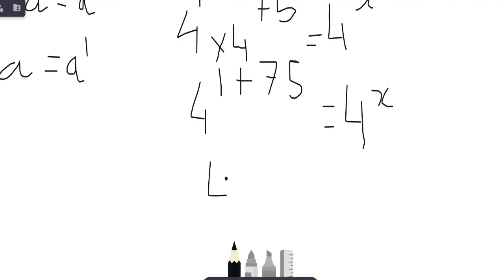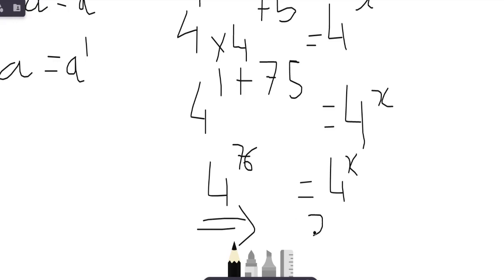So 4 to the 76 equals 4 to the x. Therefore, x equals 76. And that's our answer.